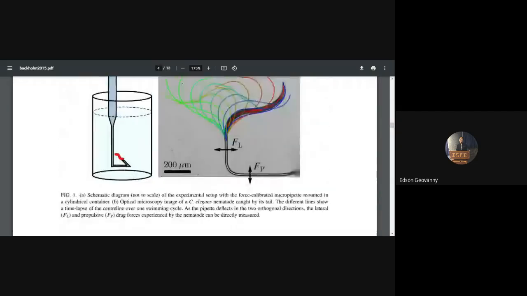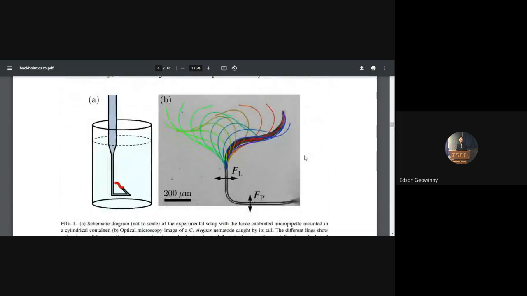In this part, in figure 1a, the study of the swimming dynamics of the worms is based on the orthogonal segments of the end of the pipette. These were populating the swimming movement of the worm.